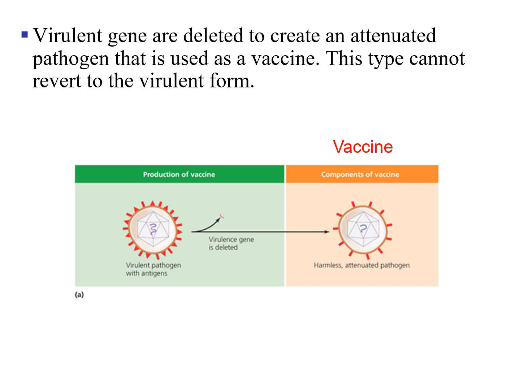In one approach, a virulent gene is deleted to create an attenuated pathogen that is used as a vaccine. This type cannot revert to the virulent form. That is one example of using recombinant gene technology. I'm going to delete that gene that makes it able to revert back.